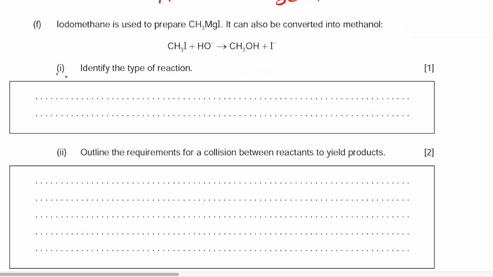Identify the type of reaction. The reaction is shown by this equation. So here you can see that apparently those two elements switch places, right? So I is being replaced by OH minus, and this tells us that this is going to be a substitution reaction.